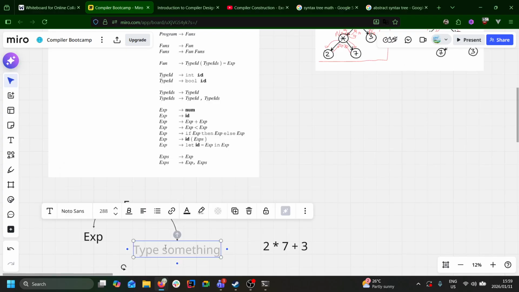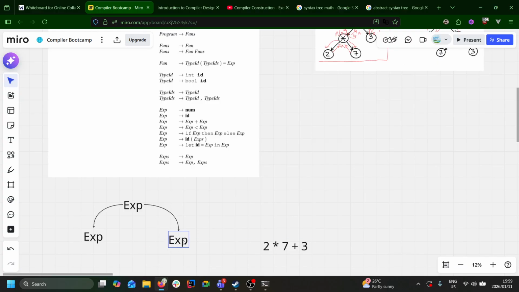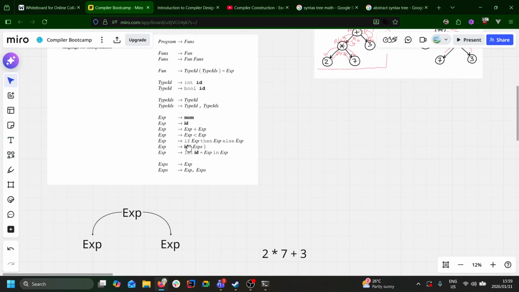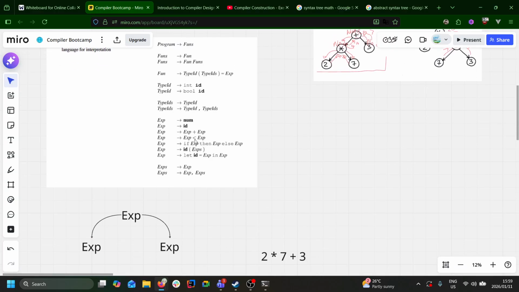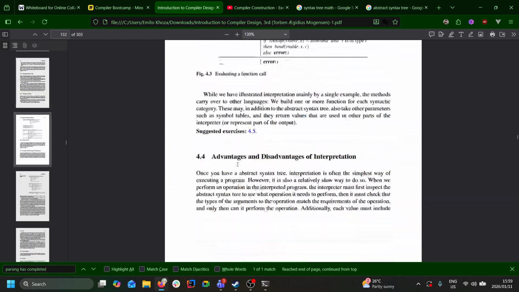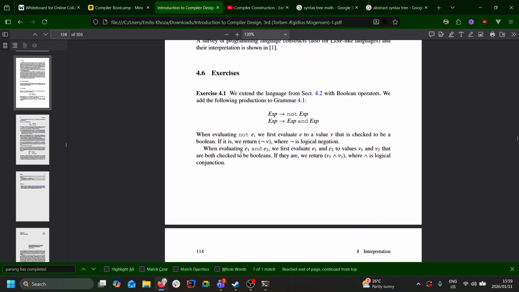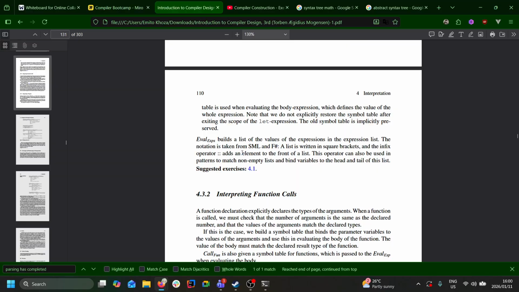So we're going to do expression. Okay, there you go, expression. There's no multiplication over here. The textbook does provide an example to evaluate. Even the chapter is very short because there's not much going on.